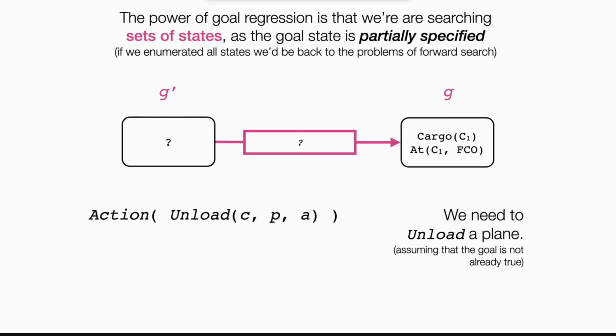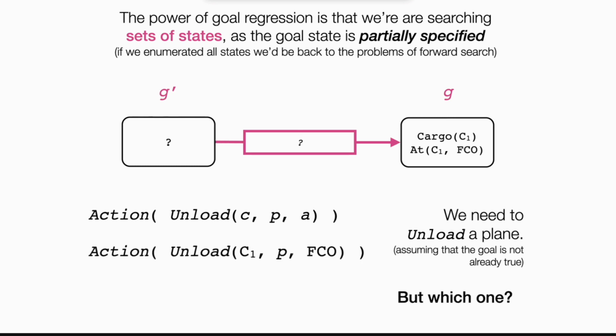So we unload cargo C from plane P at airport A. And here, our goal state says we want C1 to exist at FCO. So let me just draw this on. Our goal state says we want this to be true.